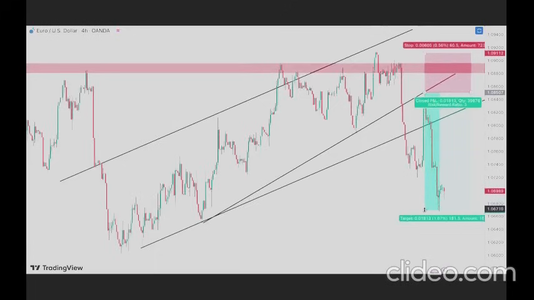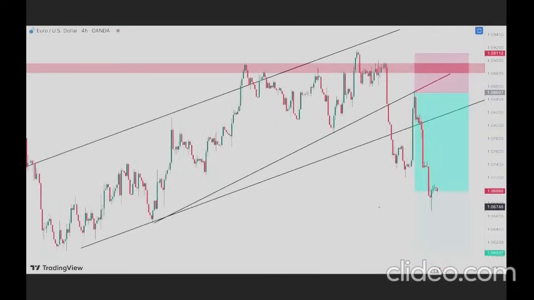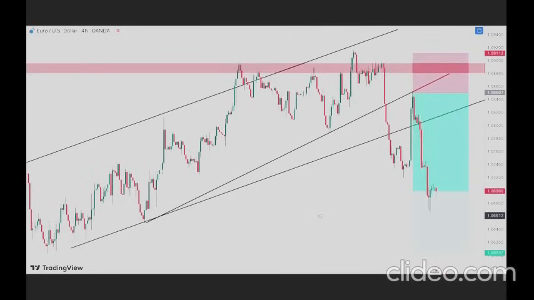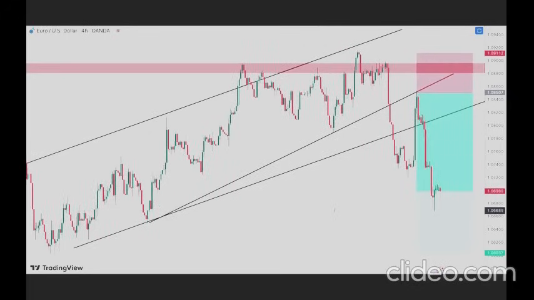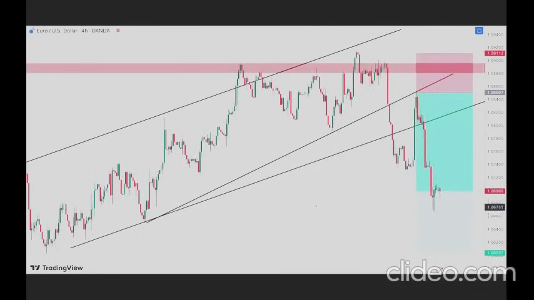Though my take profit should be here. So these were the perfect point where we can take our entry.